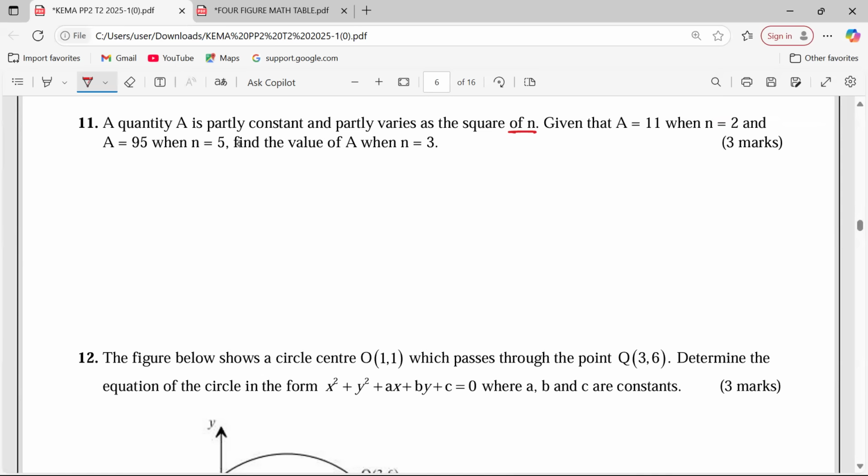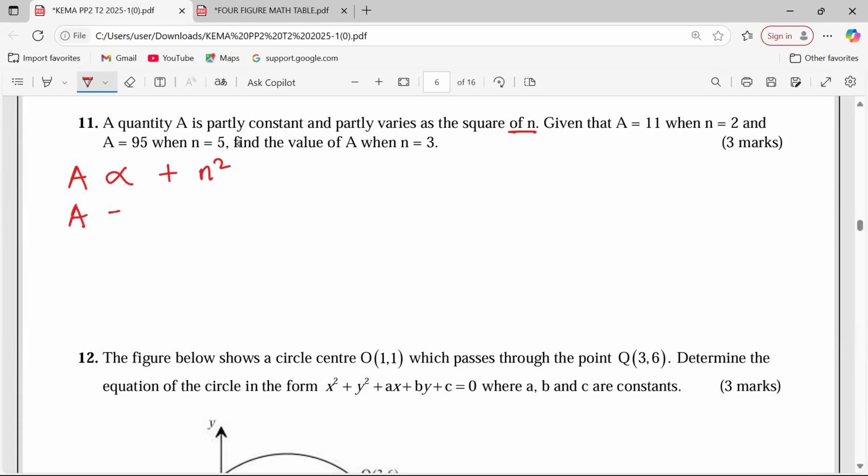So at this point now, we shall interpret the first statement as a quantity A varying partly constant, and the other part, it varies as the square of N. So this is now the interpretation, and we can do away with the symbol of proportionality by introducing an equal sign and two constants. So whenever variation is partial, constants are always two.